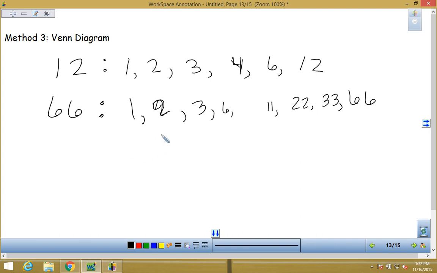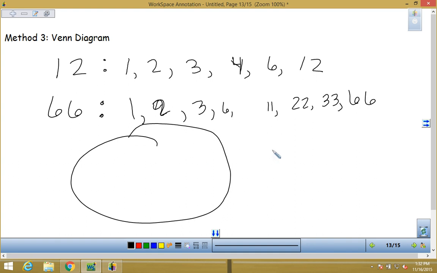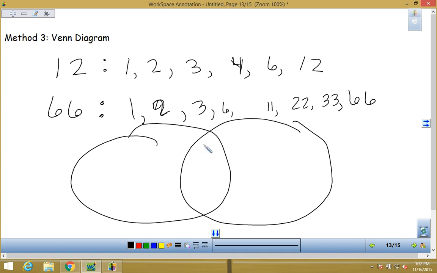Now, you can make a Venn diagram of these two numbers. So they both have 1 in common. So I got that taken care of. They both have 2 in common. 3, yep, 3.